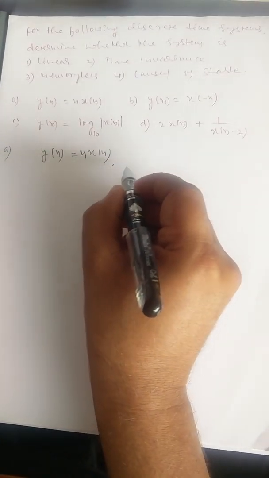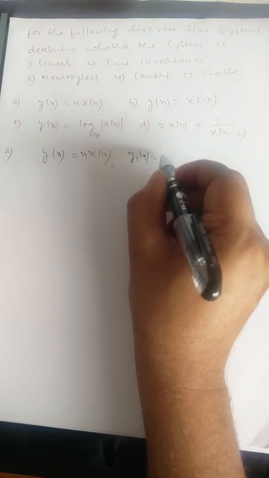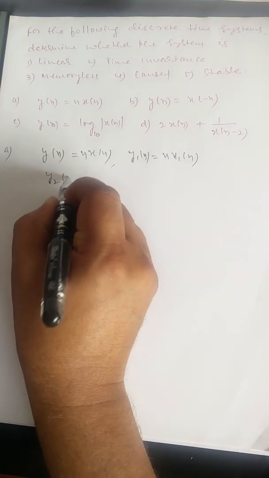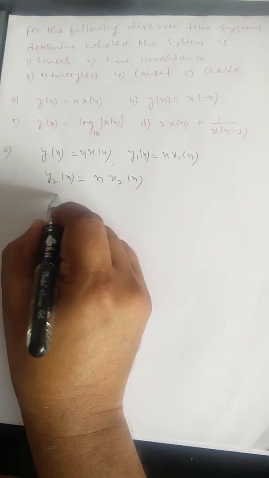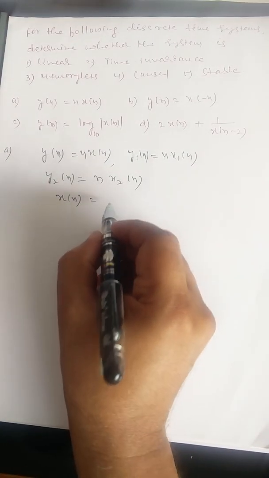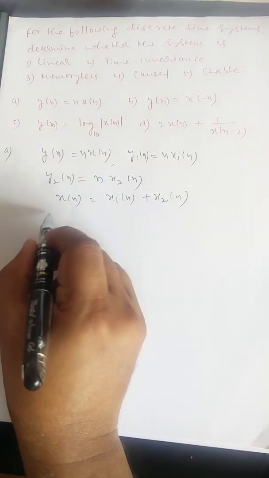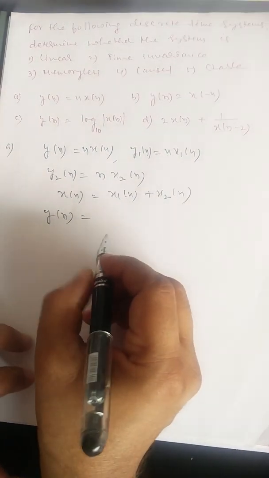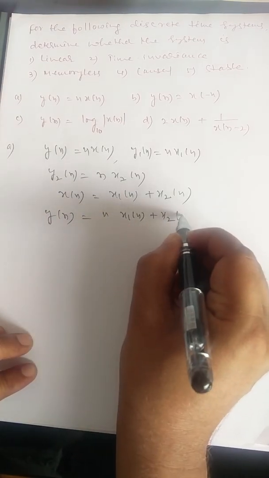Now when input is x1 of n, output y1 of n is equal to n into x1 of n. When input is x2 of n, the second signal, then output y2 of n is equal to n into x2 of n. When the input is the sum of the two signals, that is x1 of n plus x2 of n, then output y of n equals n into x1 of n plus x2 of n.